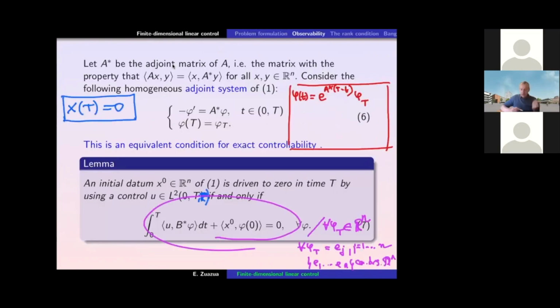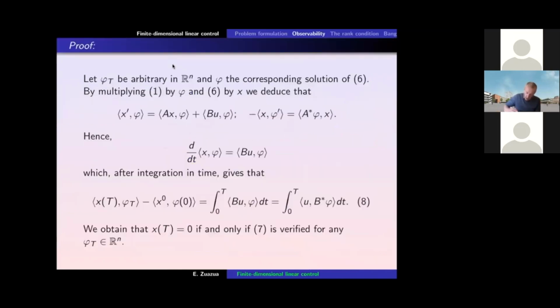Well, the proof is very simple. What I do is take the equation satisfied by x and multiply it scalarly by phi.